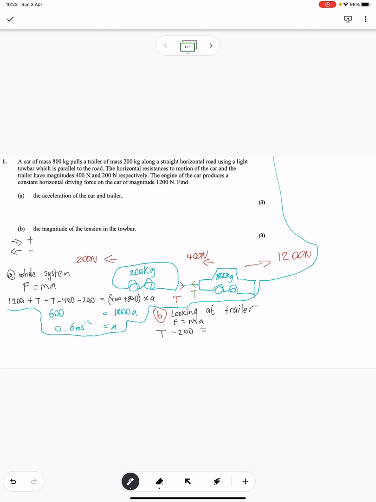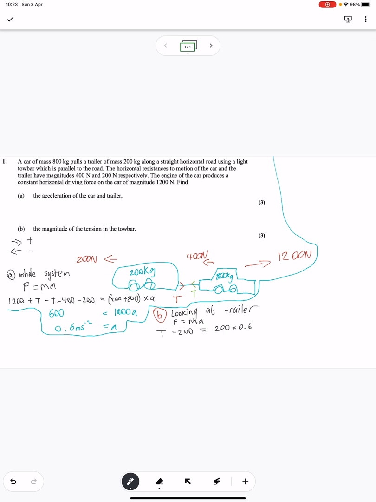What's the mass in this case? 200 kilograms. Yes, because we're only looking at the trailer. So T minus 200, and the 200 is because of this 200, not to be confused with the mass, is equal to 200 kg multiplied by acceleration. And we know the acceleration is 0.6, because from part A, we worked out the acceleration of the whole system, because the car and the trailer are going to accelerate at the same rate.